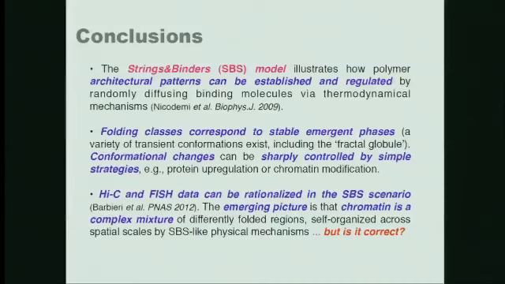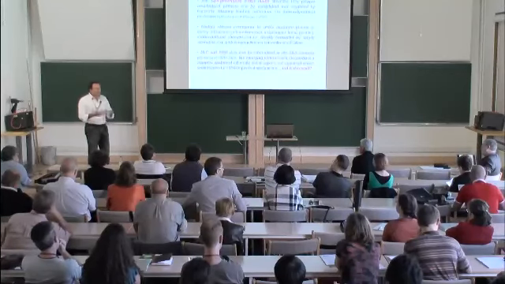Of course, side by side with that, you have a number of off-equilibrium states, including the fractal globule states we have listed before. And in this context, we also understand how conformational changes, which are vital in a number of cases, can be sharply and reliably controlled by simple strategies, such as upregulation of a gene or chemical modification of chromatin.